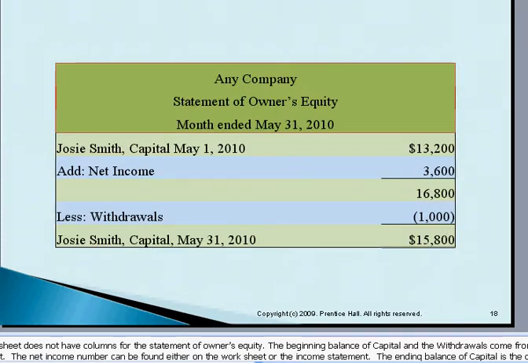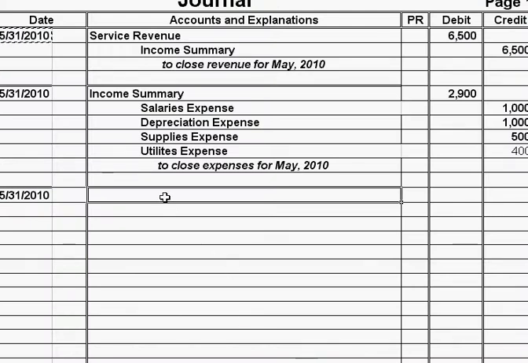And also, we're going to close $3,600 of net income to Josie Smith Capital. Okay, so what's the balance in the income summary account? We've got a credit balance of $6,500 minus a debit balance of $2,900. So we're sitting with a credit balance in income summary right now of $3,600.